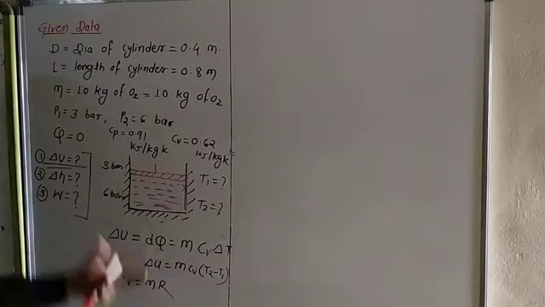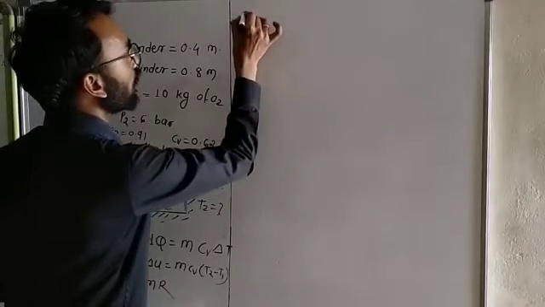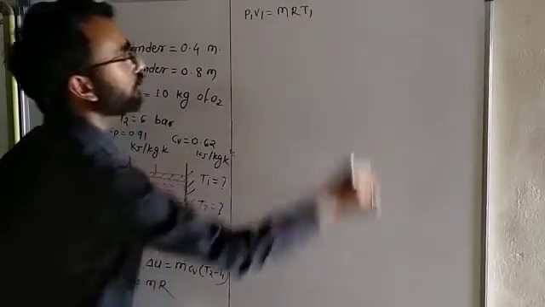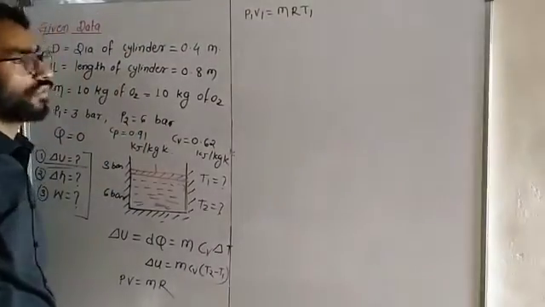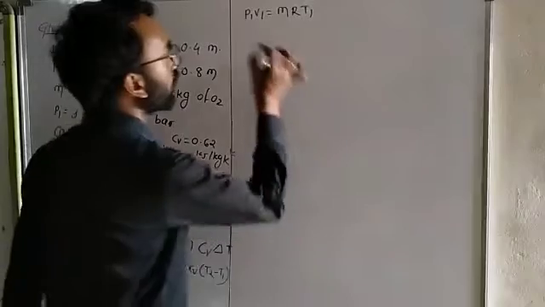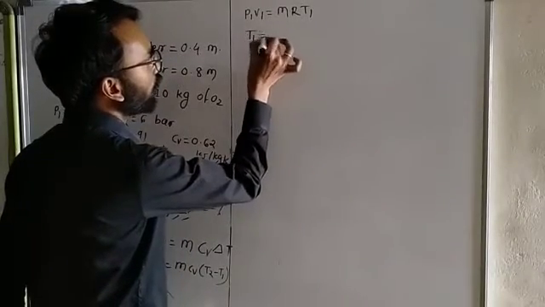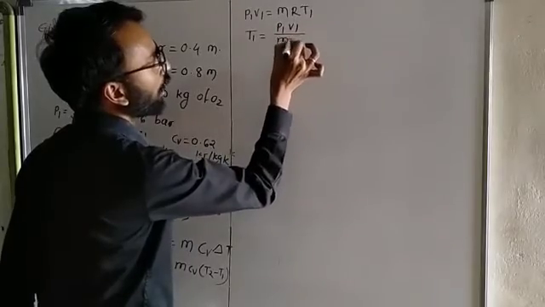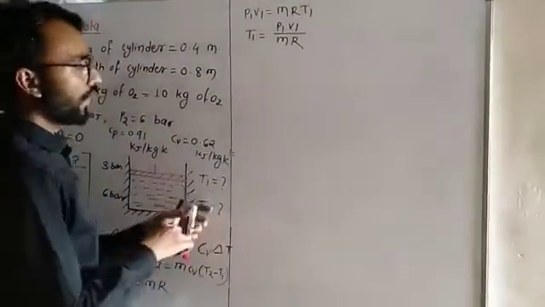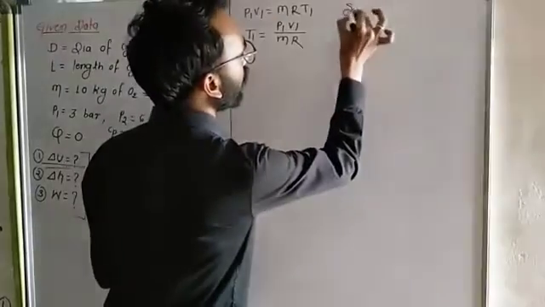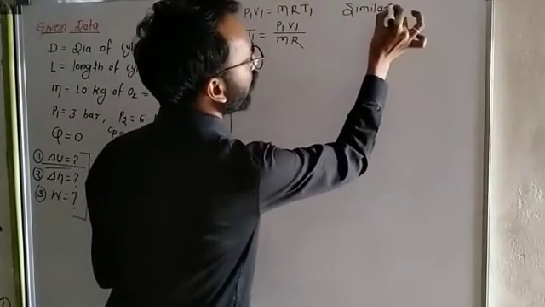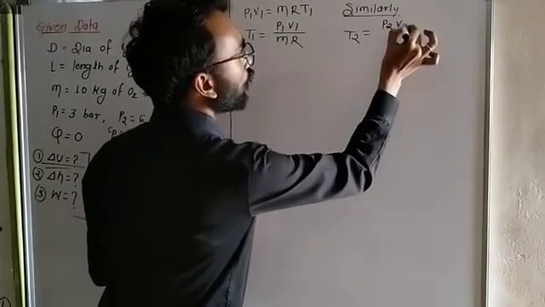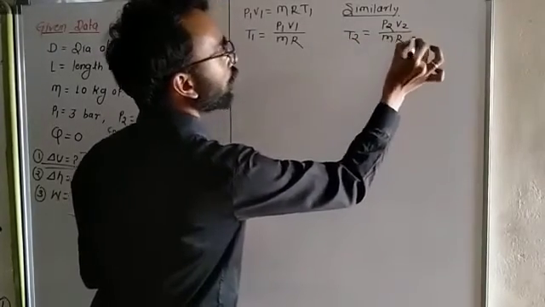In the first condition, P1 V1 is equal to mRT1, so T1 is equal to P1 V1 upon mR. Similarly, T2 is equal to P2 V2 over mR.